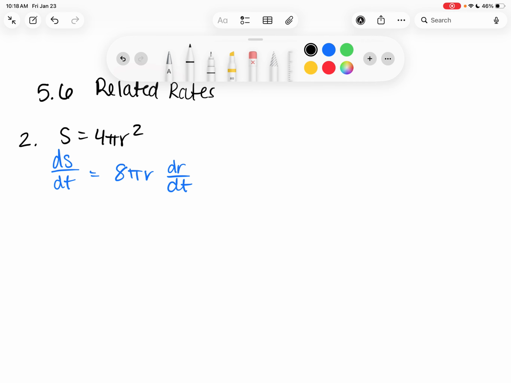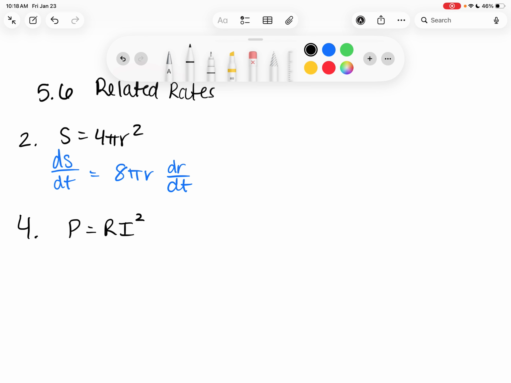For a two-part problem here, it says the power P in watts of an electrical circuit is related to the circuit's resistance R in ohms and current I in amps by the equation P equals RI squared.